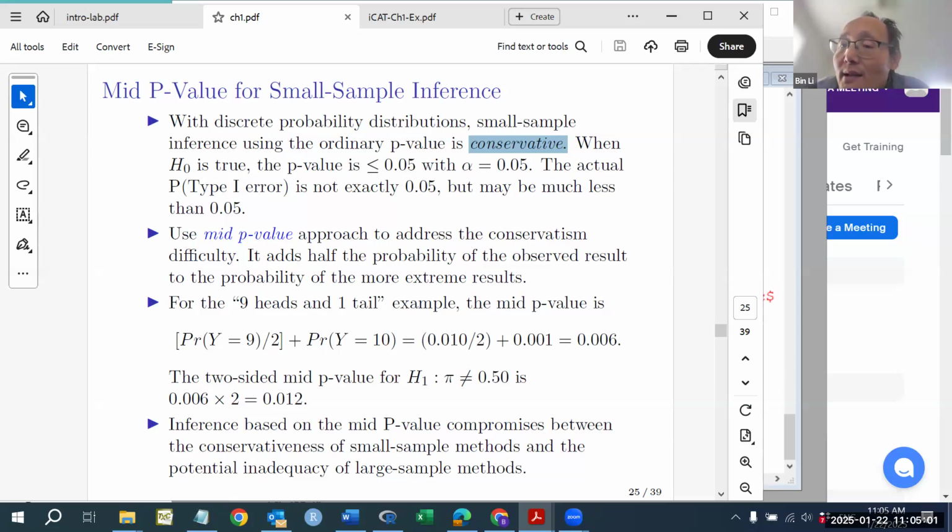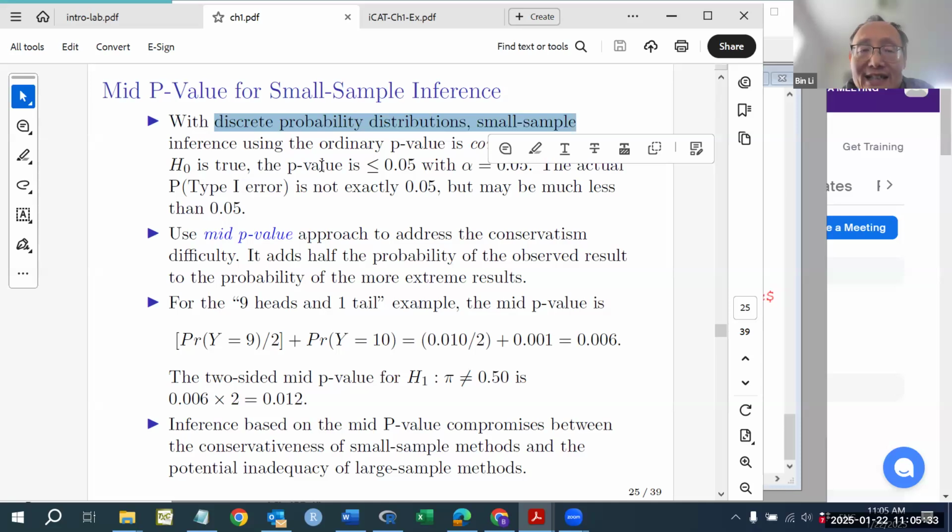What does that mean? That means the true p-value is actually what? Greater than or less than? The true p-value should be less than. So that's how we say a p-value is conservative.